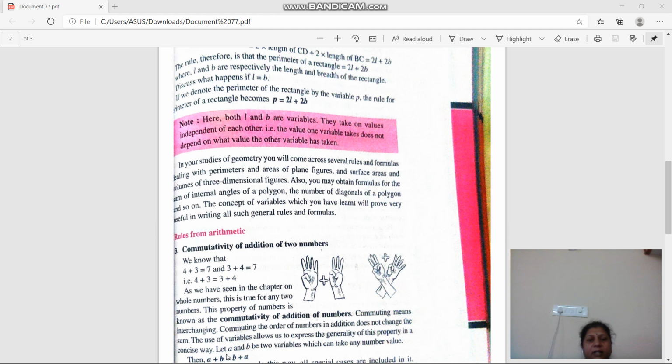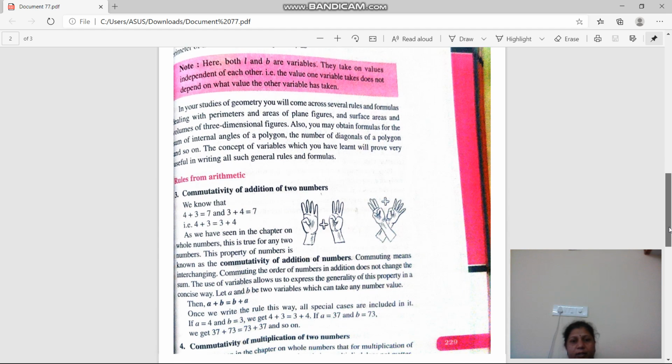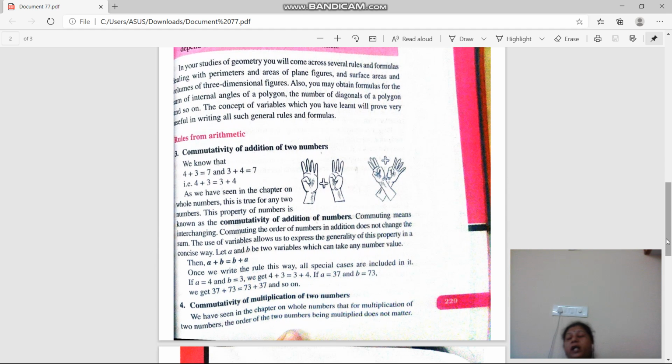Let's take a and b as two variables which can take any number value. Here we have taken the numbers 3 and 4, but we are now studying the use of variables. So instead of taking numbers, take any two letters, alphabets we can say.